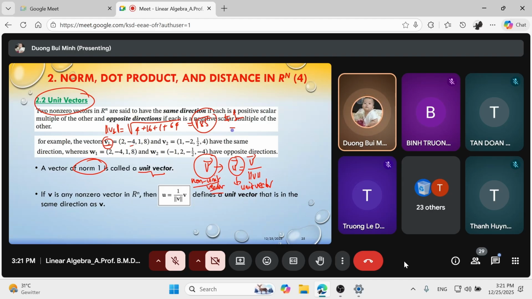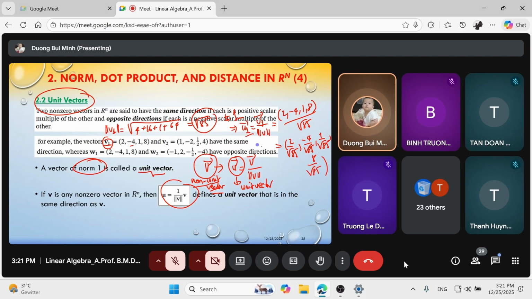If we would like to get the unit vector, vector u1 follows the formula: vector v1 divided by the length of v. So vector v1, which is 2, minus 4, 1, and 8, divided by the square root of 85. So we have 2 over square root of 85, minus 4 over square root of 85, 1 over the square root of 85, and 8 over the square root of 85.